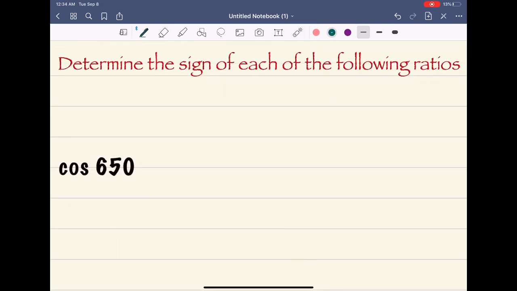Determine the sign of each of the following. Cosine 650. At first, we will get the equivalent of angle 650 on the first circle.